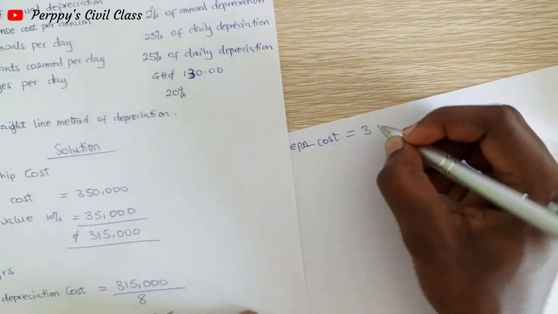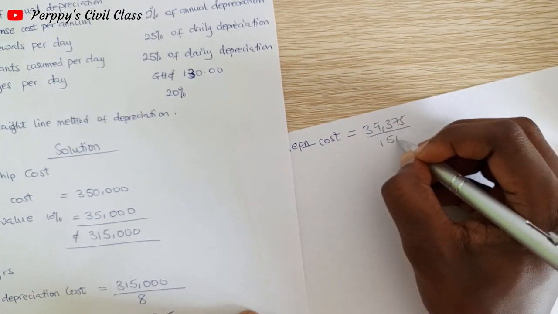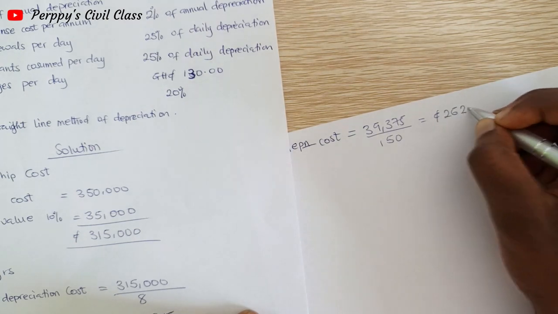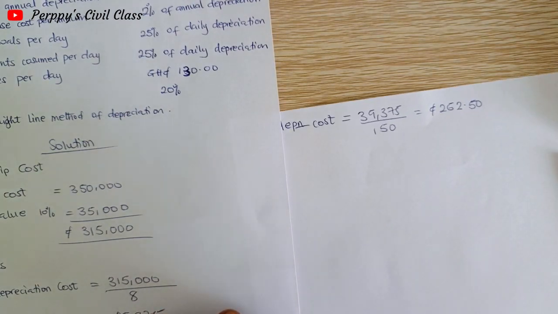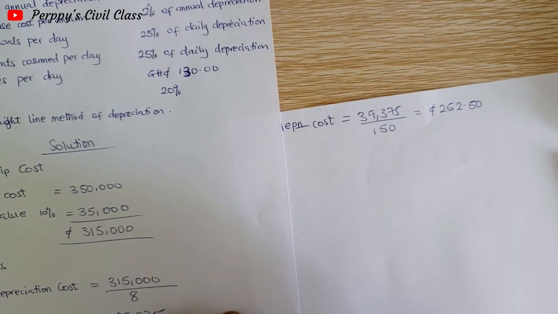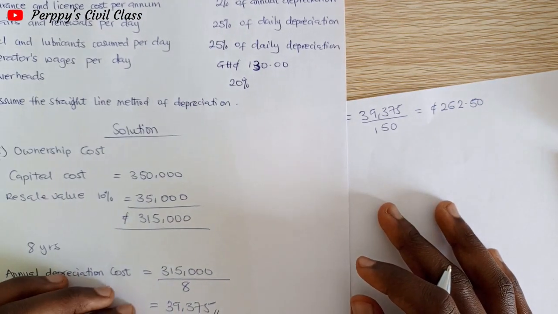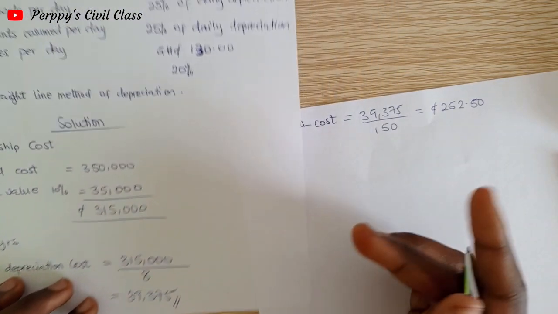So 39,375 divided by 150 gives us 262.50. Please cross check. So the daily depreciation cost of this tipper truck is 262 Ghana cedis 50 pesewas, and the annual depreciation cost is 39,375.